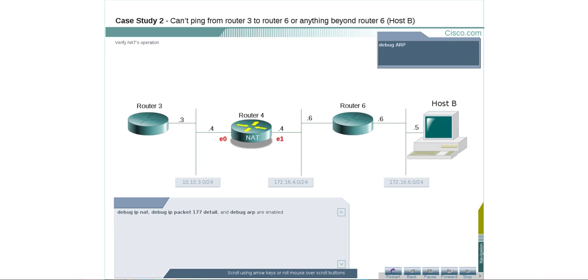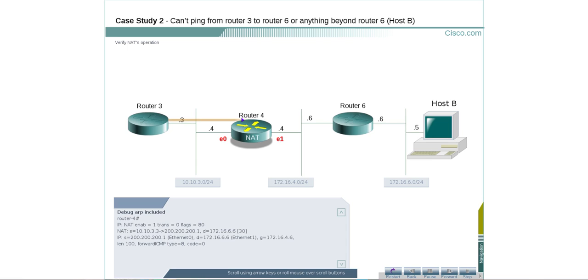Now router 4 has debug NAT, debug IP packet 177 detail, and debug ARP enabled. The first packet we see from router 3 is the same as before. Router 4 performs NAT and forwards the resulting packet out the Ethernet 1 interface. Now, since router 6 thinks that 200.200.200.1 is on a directly connected network, we see, as expected, that router 6 sends an ARP request for address 200.200.200.1.